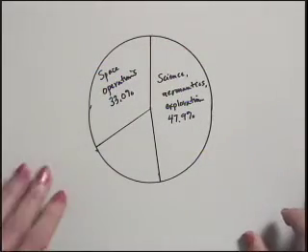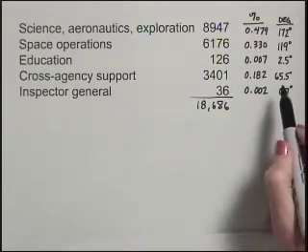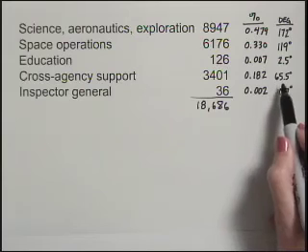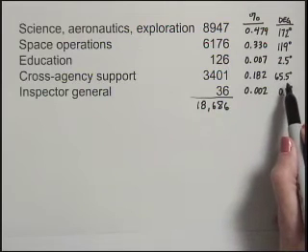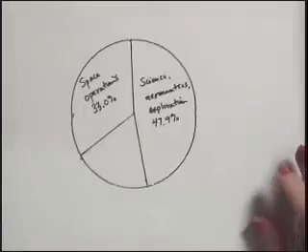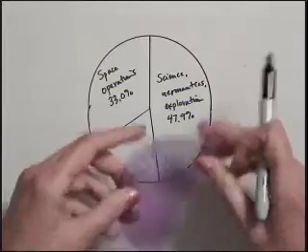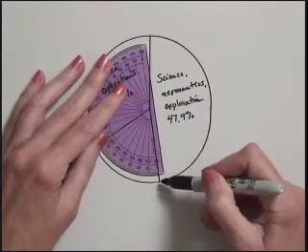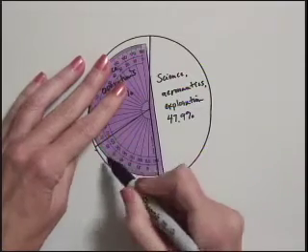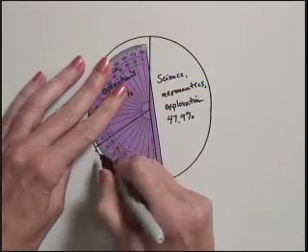Looking back at our values, we need to have our next biggest group is here with our cross-agency support. We need about 66 degrees to work with that. So I'm going to go ahead and put that coming off of this line, this radius. Let me go 66 degrees. Now notice that I'm not going to have much left over, but then there isn't much left over.